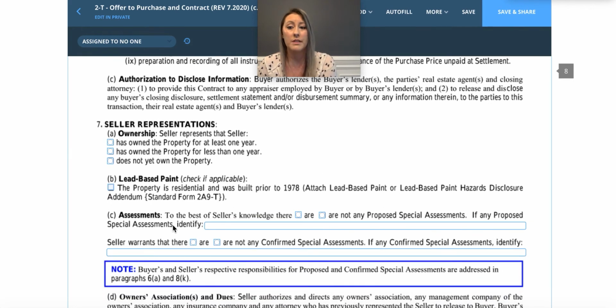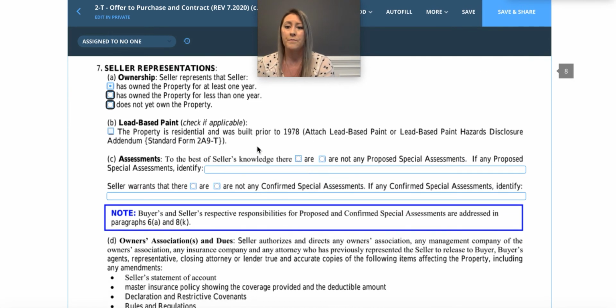Okay, seller representation. So this, again, you can find in the tax records. You pull up the deed and find out how long they've owned the property. Has the seller owned the property for at least 1 year, less than a year, or, that I don't know, why they would not own the property. That's a weird one. I've never used that one, so we're just going to go with for at least 1 year.